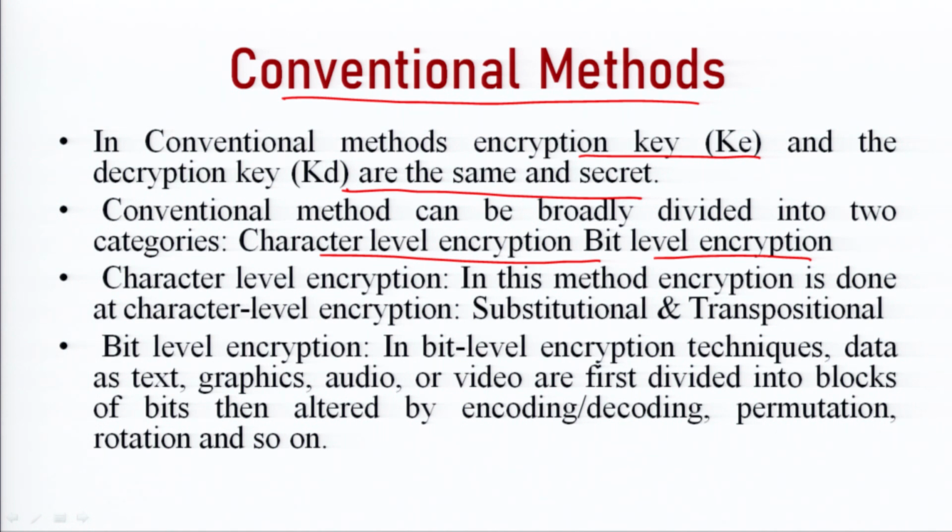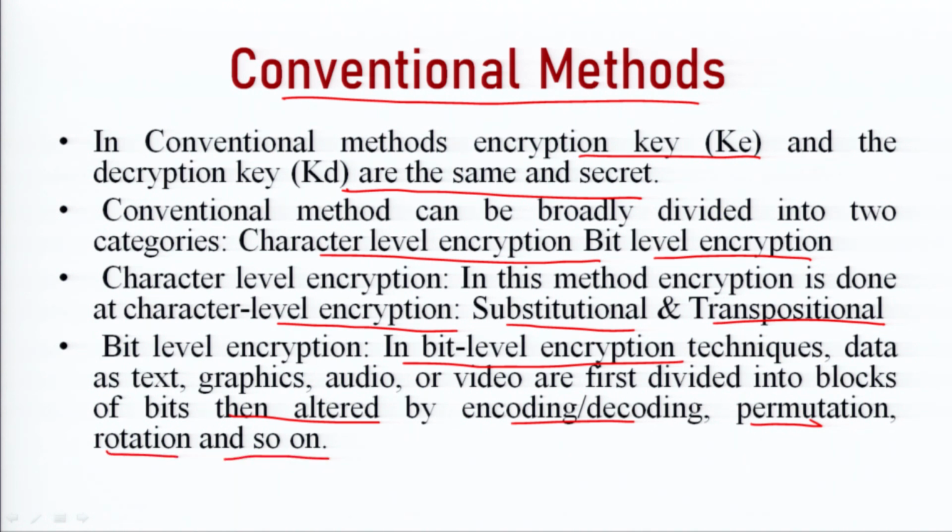Character level encryption, in this method encryption is done at character level, and it can also be categorized in two categories, substitutional and transpositional. And in bit level encryption techniques, data as text, graphics, audio or video are first divided into blocks of bits, then altered by encoding, decoding or permutation, rotation or exclusive OR and other methods also.